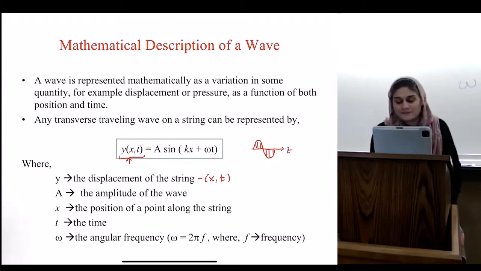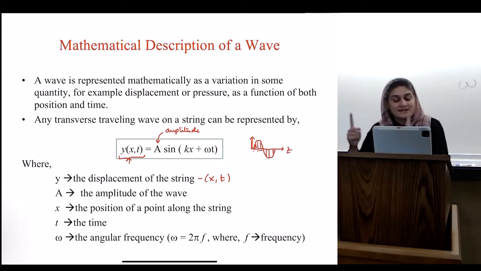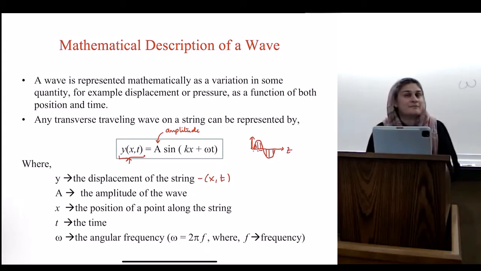If this is t, x is how far away it is along the x-axis, and the displacement is given by the amplitude, which was the height of the wave, times sine of kx minus omega t, where A is the amplitude, x is the position of the string along the x-axis, t is the time, and omega is the angular frequency.